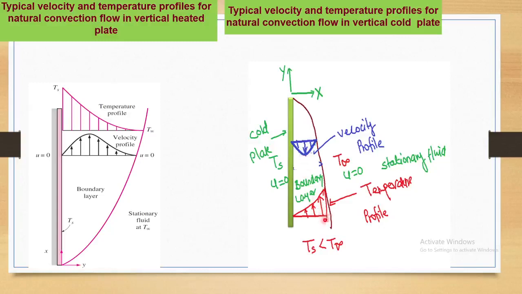Similarly, the temperature of the fluid particle will be equal to the temperature of the surface, and it will gradually increase as we move towards the velocity boundary layer. So these are two typical cases where boundary layer formation takes place when a heated or cold plate is exposed to cold or heated surrounding fluid.